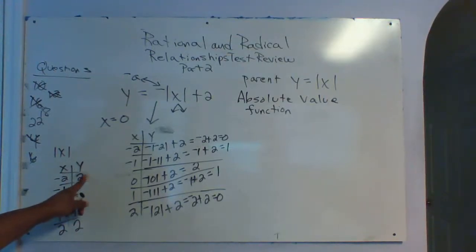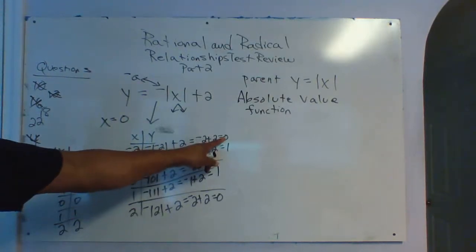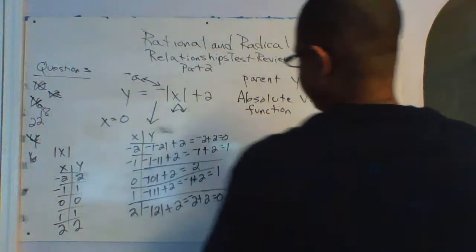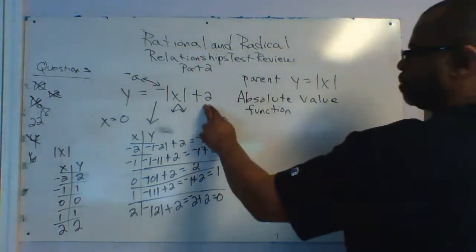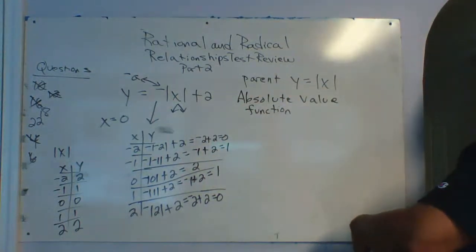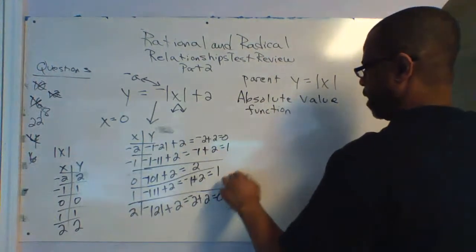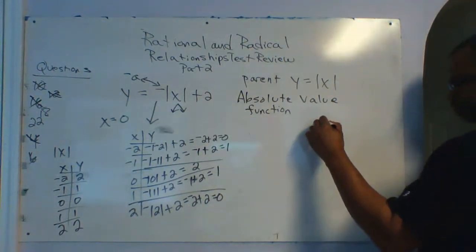So if I look at -2, I have 2, right? But here, if I plug in -2, I have 0. So basically you reflect it, you're going up 2 and this one is going down. So let's go ahead and graph it.